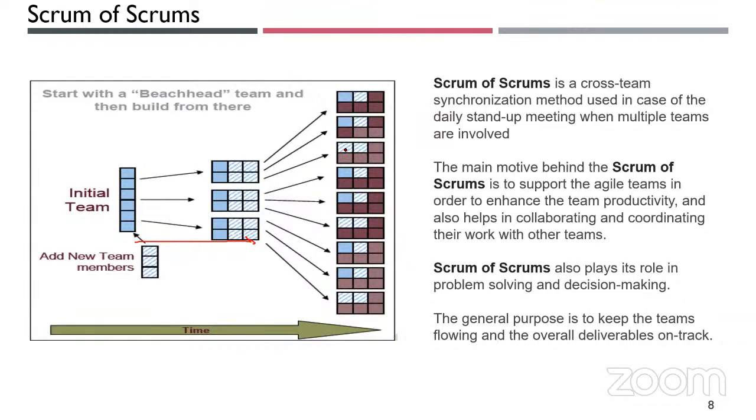Those are the parameters on which this decision is taken, how quickly we can move from one team to multiple teams. But this is what we call the Scrum of Scrum model.